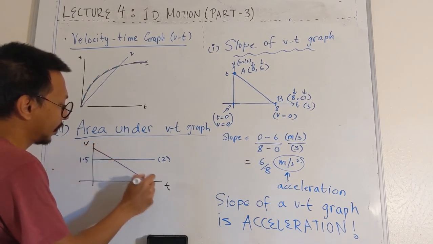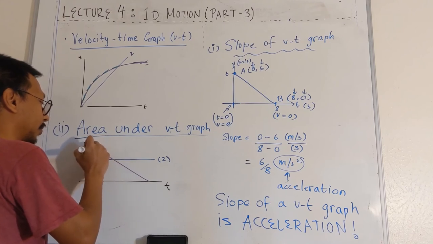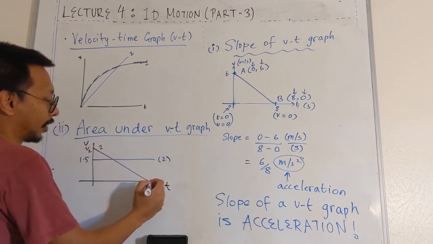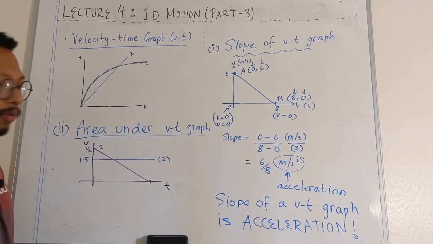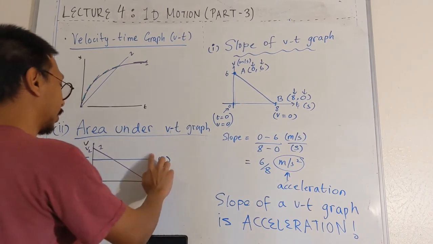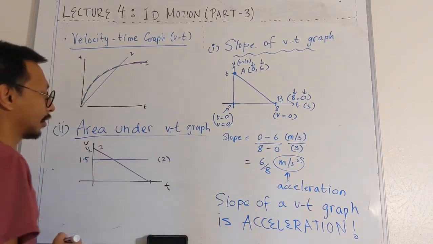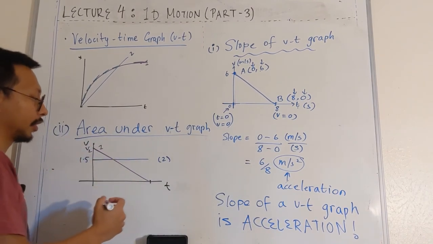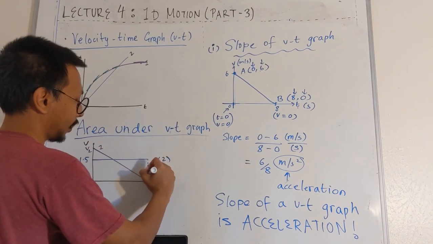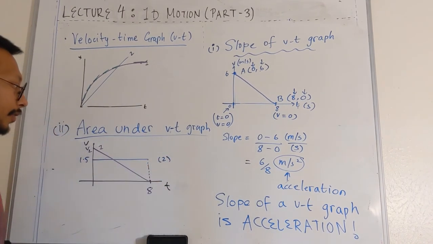And this one was person 1, starting from high velocity V2 and ending here. All right. Now, let's say we want to calculate the area under the velocity time graph. So let's just say both finishes their journey at 8 seconds.